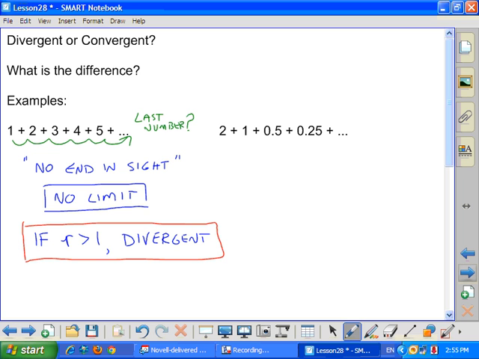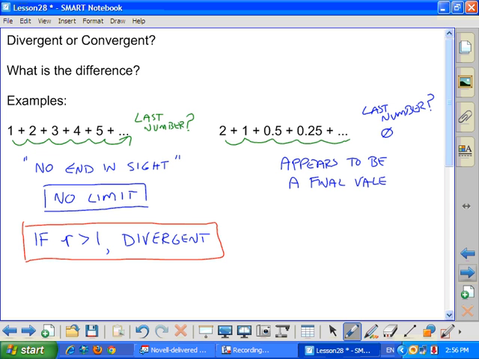All right. In this case, when you're looking at the pattern, and I ask you to predict what's the last number, this time you might be willing to wager a guess, and you'd probably say it's going to be 0 because it looks like it's getting closer. So there appears to be a final value.